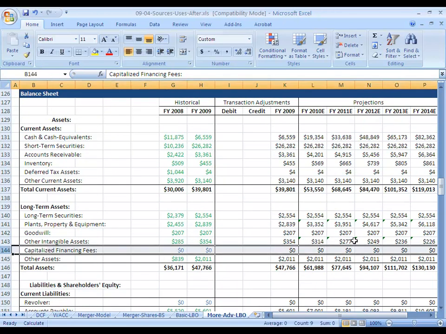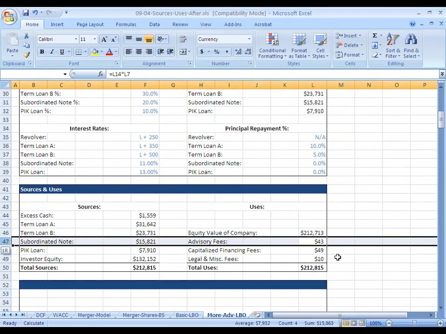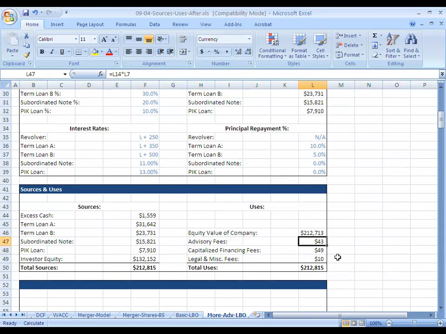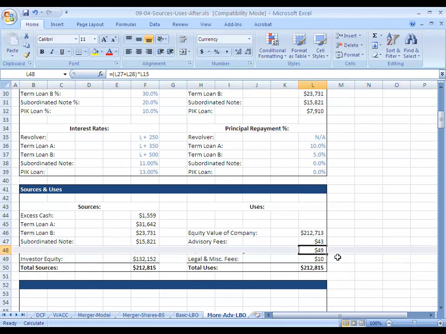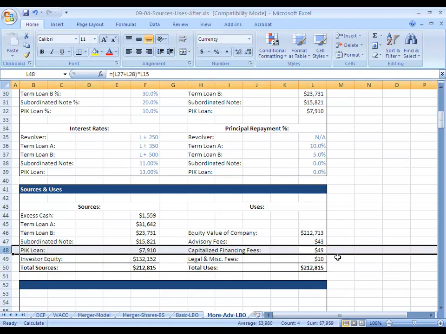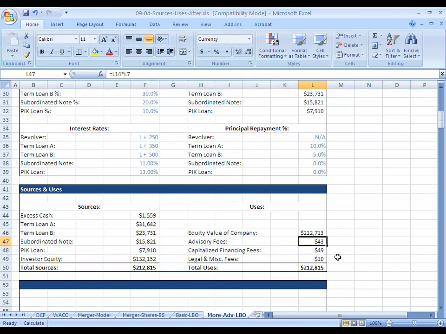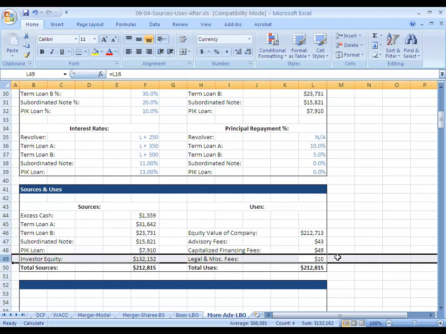So we assume that these go on the balance sheet and then a certain amount is amortized, a certain amount is paid off each year. But the other fees are paid immediately. The logic for that is that advisory fees and legal and miscellaneous fees correspond to only the transaction itself, whereas financing fees correspond to debt, which can last for many years. So that's why you capitalize financing fees and why you expense advisory fees and legal and miscellaneous fees.